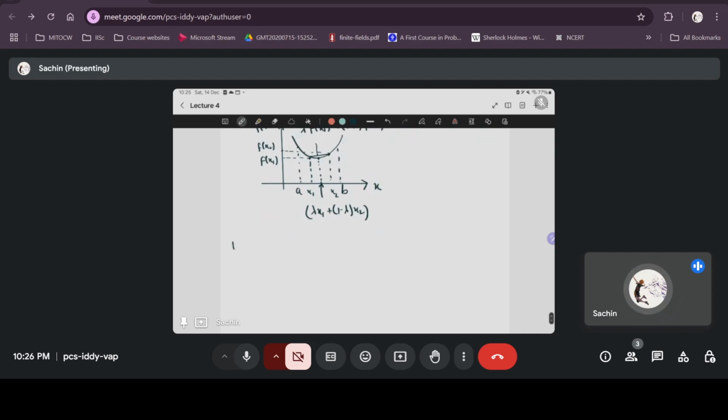Then we will define a concave function as follows. A function f is concave if minus f is convex.